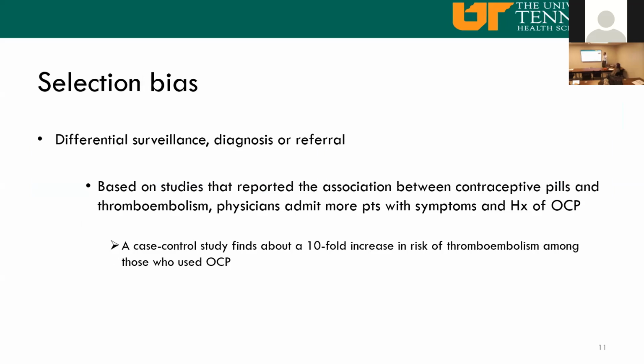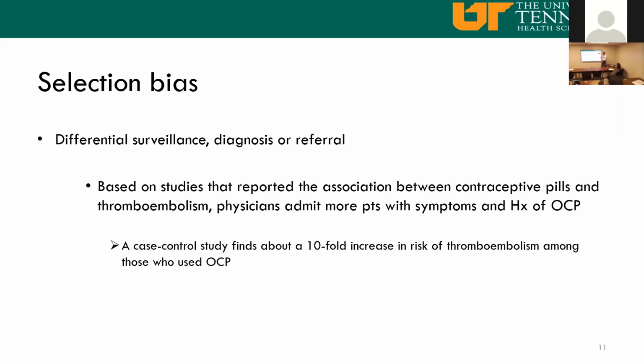Another type of selection bias is differential surveillance, diagnosis, or referral. An example is based on studies that reported association between contraceptive pills and thromboembolism. Physicians admit patients with symptoms and signs and histories of oral contraceptive use.